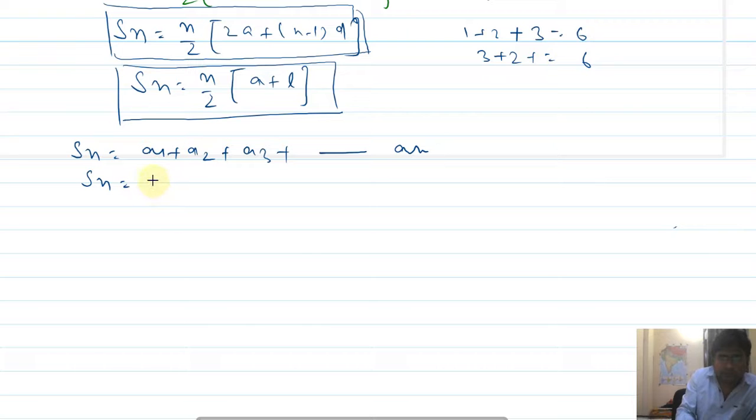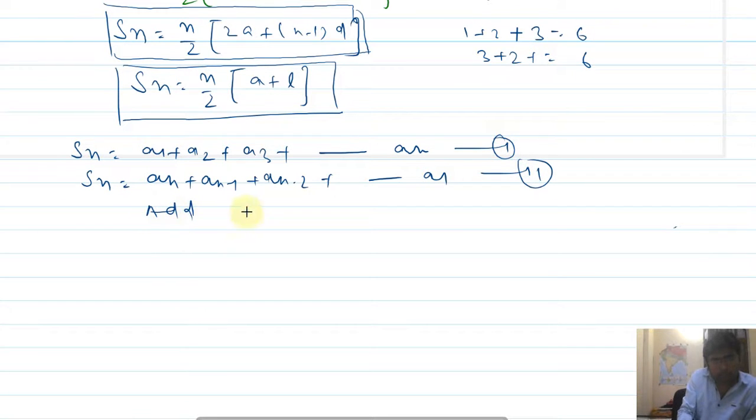Okay, so if we write an, then a(n minus 1), then a(n minus 2), down to a1, and add this first line and this second line, we get 2Sn.